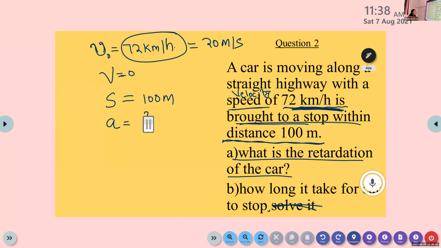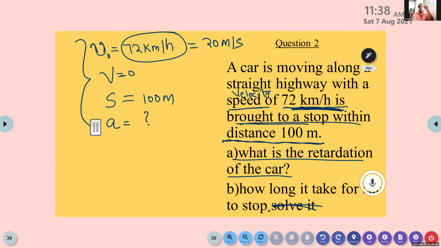Now can you form an equation connecting all these terms: v0, v, s and a? Is there any equation relating these? Does the time provided here? Unfortunately, the time is not given. So what do we do?